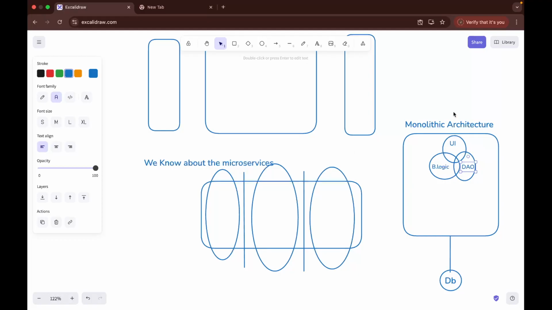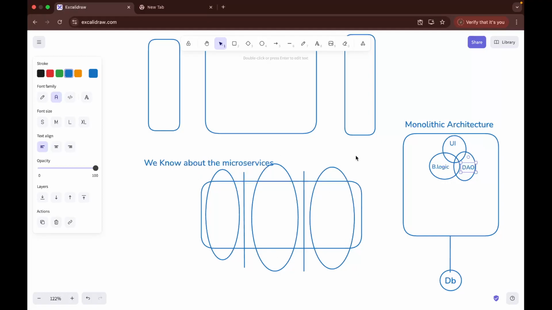So this monolithic architecture design is going to be a bad approach, because it has no scalability and no maintainability, and the speed of development is also slow. So especially when dealing with a complex application, we have to choose microservices.